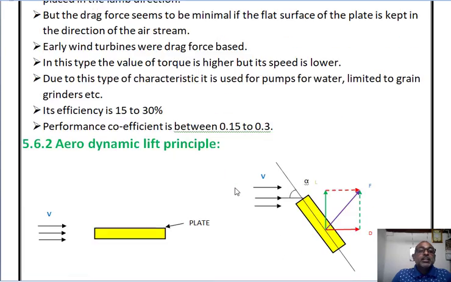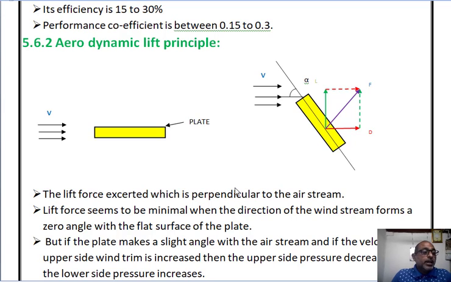Its efficiency is 50 to 30%, and the performance coefficient lies between 0.15 and 0.3.